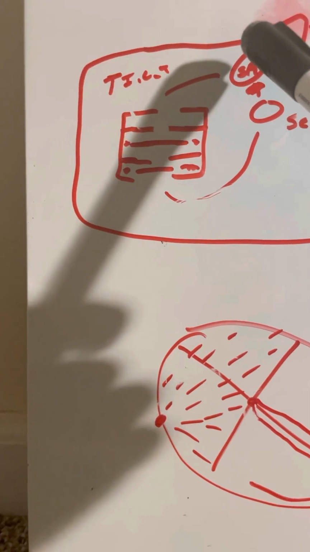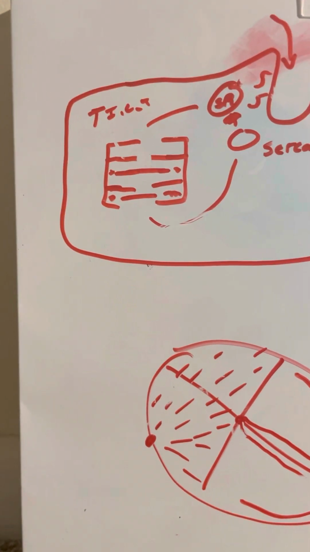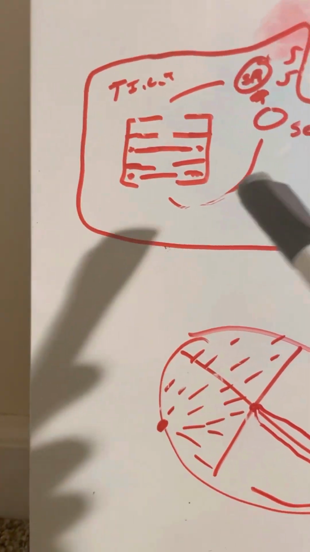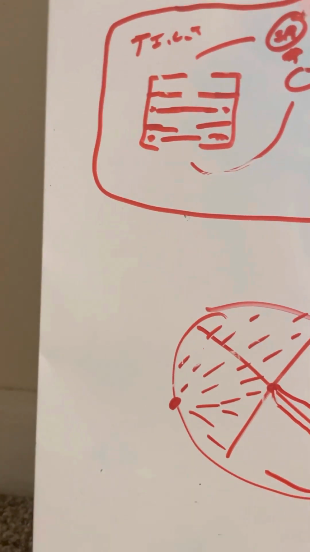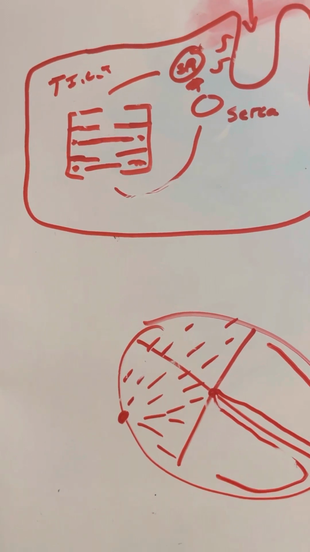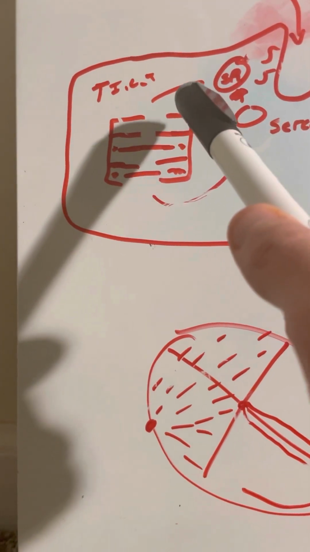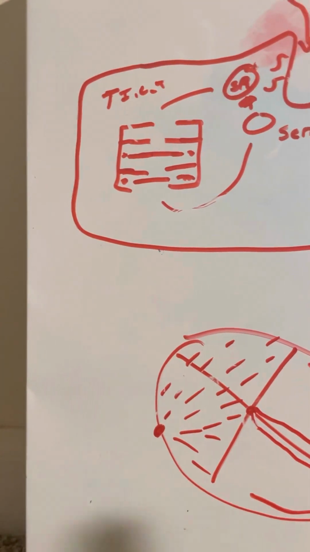So we release that calcium, it binds to troponin C, then troponin I is like, all right, cool, let me get out of the way, and then troponin T is released from tropomyosin, and then we can bind actin and myosin together.